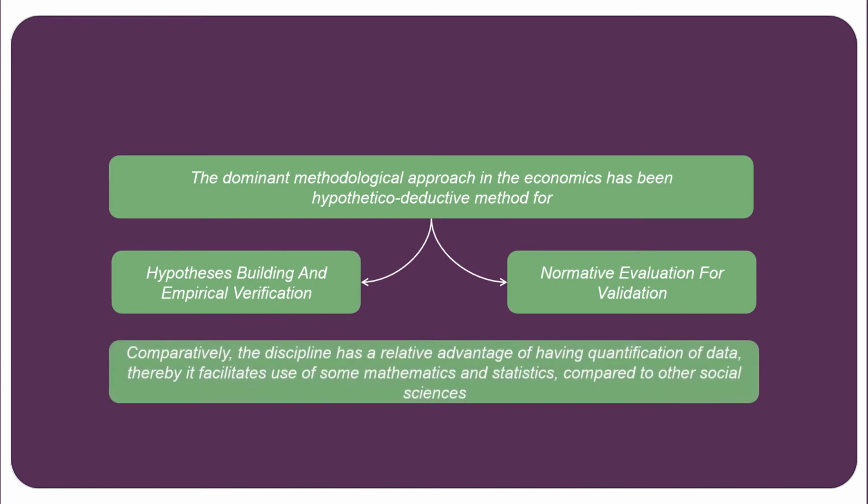Comparatively, the discipline has the relative advantage of having quantification of data. Thereby, it facilitates the use of some mathematics and statistics compared to other social sciences. However, there is also an allegation that it has depended on pure deduction and a priorism and refused to test many of its core hypotheses and theories.